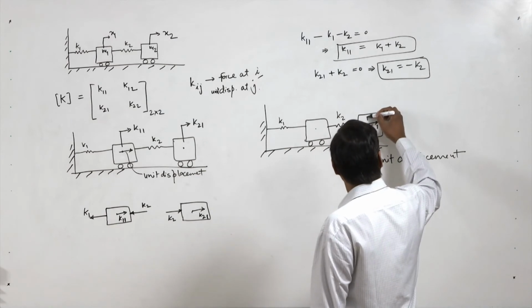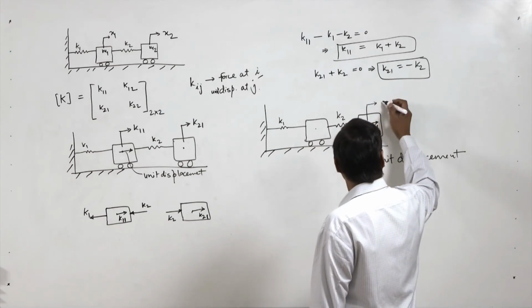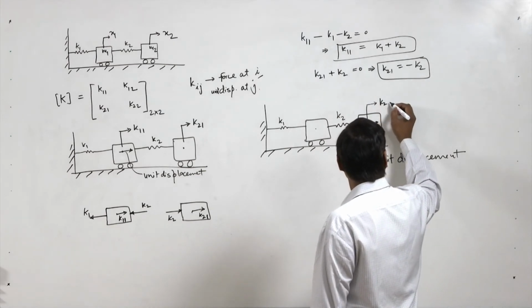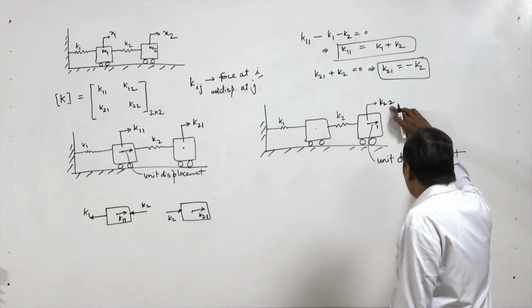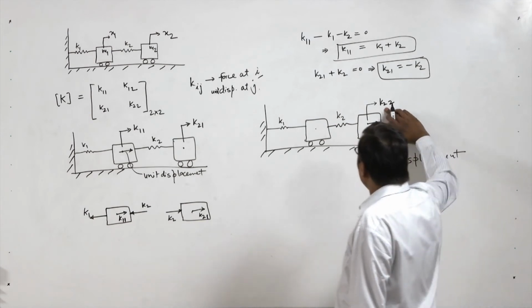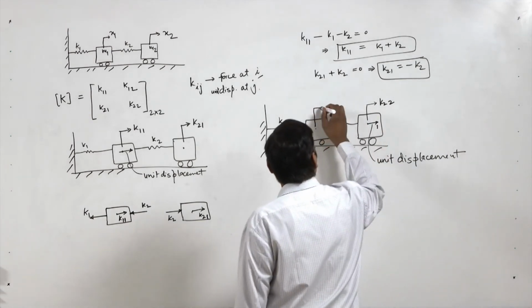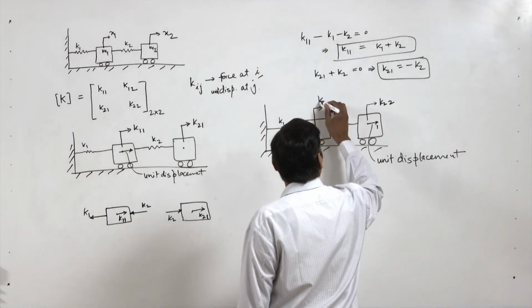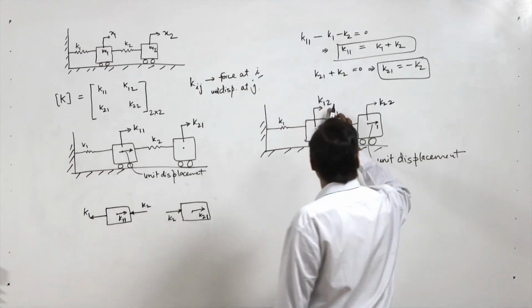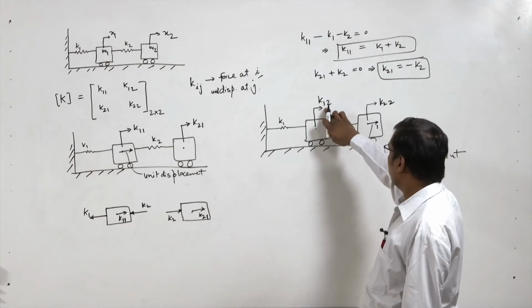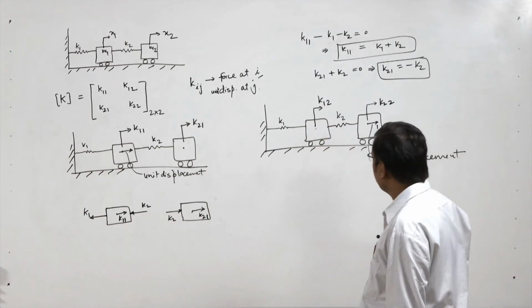So here the force will be K22 because we are applying the displacement at 2 and measuring the force at 2, and here it will be K12. We are applying the displacement at 2 and measuring the force at 1.